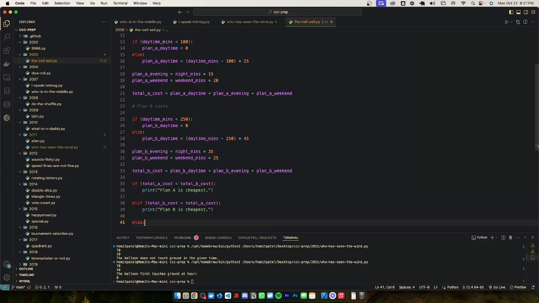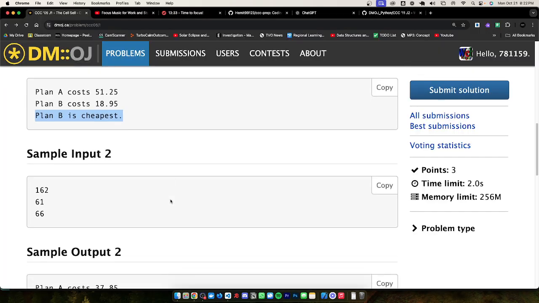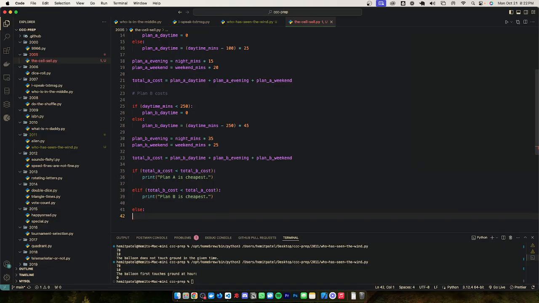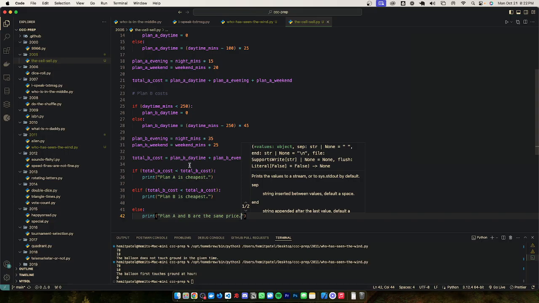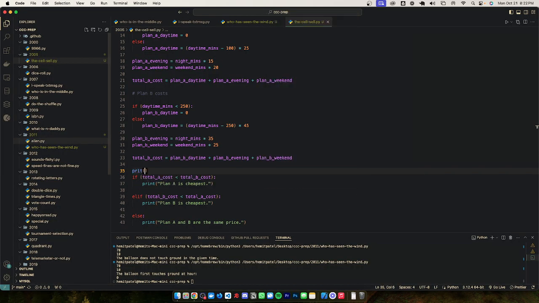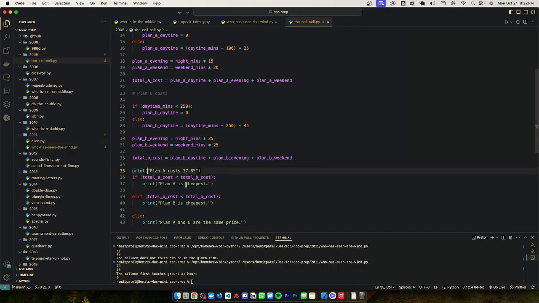Otherwise, now we know that they're both the same because neither is less than the other. So then we can just say plan A and B are the same. So over here, I'm just going to print plan A and B are the same price. And then before any of this, we have to run these print statements, which stay the same regardless. So I'm just going to say formatted here.